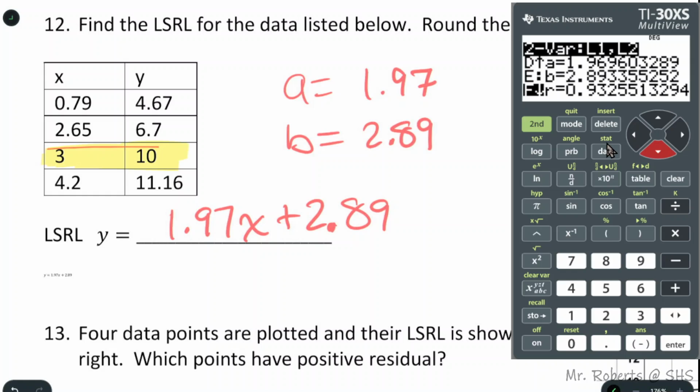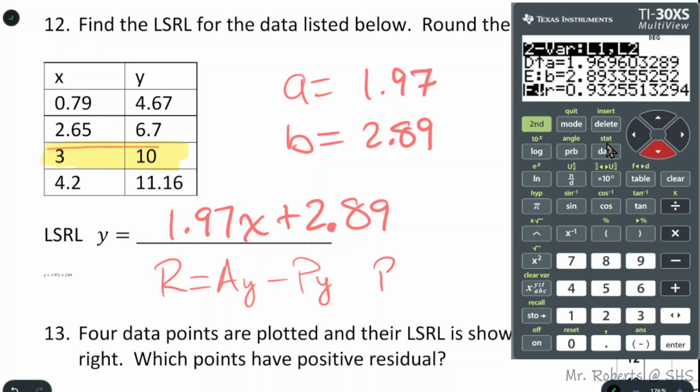I remind myself that the residual is equal to the actual y value minus the predicted y value. And I can see my actual y value is the number 10.